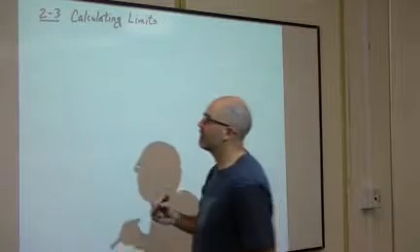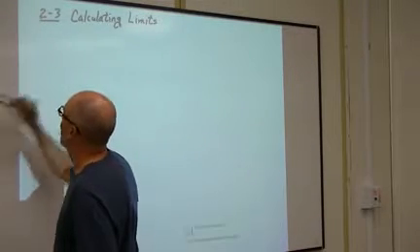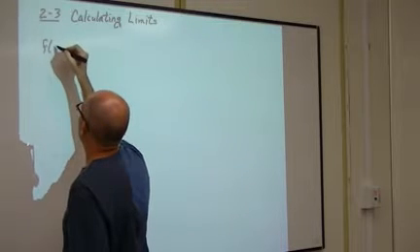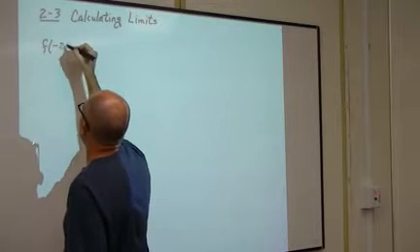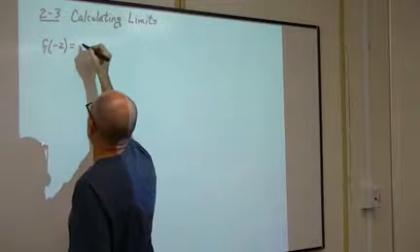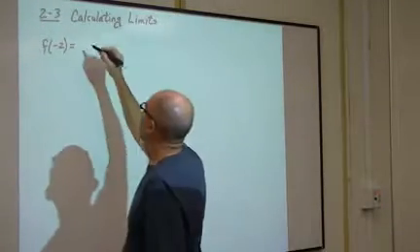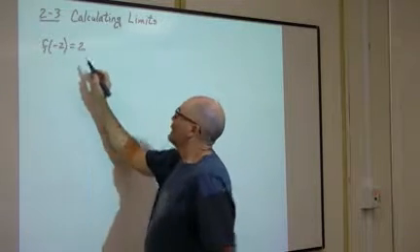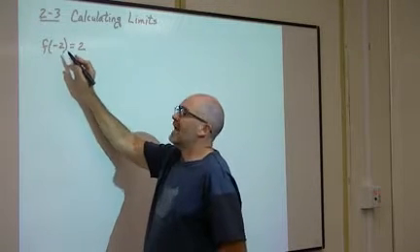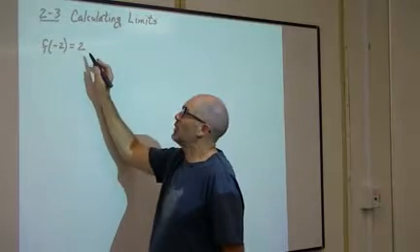So here's what we have in example 1. F of negative 2 equals 2. The function value at x equals negative 2 is 2.